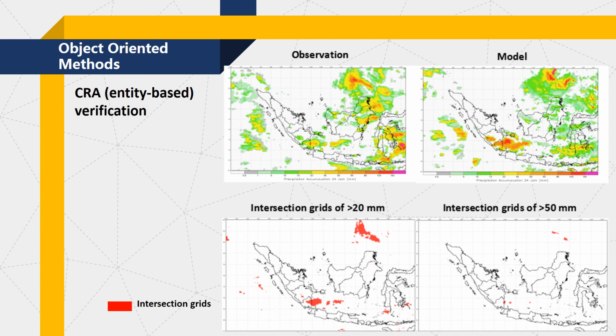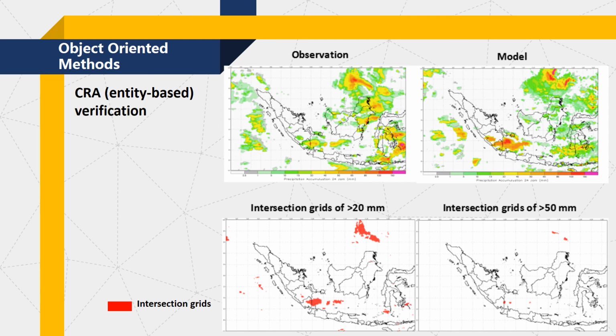You can see in this sample of the CRA approach, in the upper side, a map of observation and model data of rainfall or precipitation.